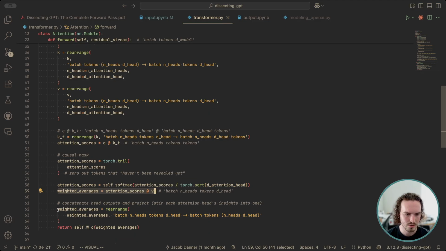And so in the real code, we're doing multiple attention heads. And so we need to combine them. So essentially, how we do that is we just start by rearranging things. Essentially, we are concatenating each attention head's outputs. And then once we have those all concatenated, we're running through another projection.